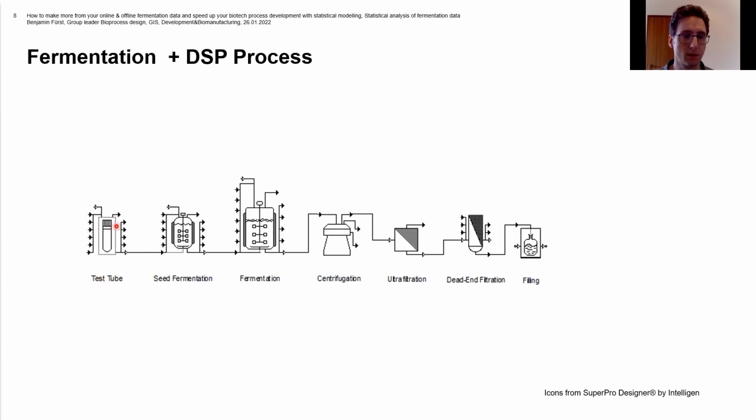So you come in with a test tube that's a few milliliters, you propagate your organisms in a so-called seed fermenter. And then you do, in the next scale, the fermentation in the main fermenter, where the product is going to be produced. And then you go into a downstream. The setup here really depends on what the specs of your product are.